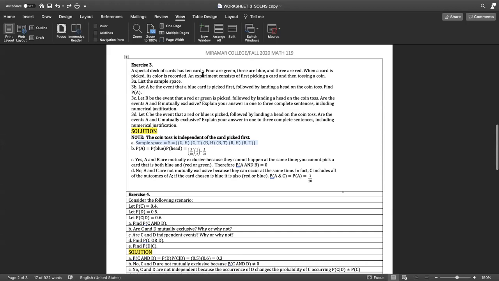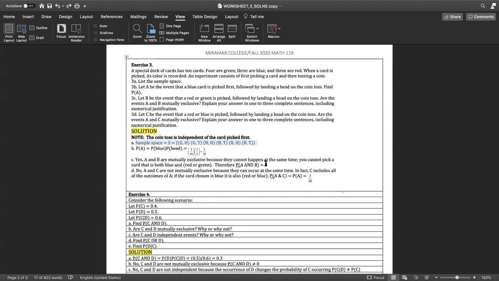Okay, all right. Well, notice that they're mutually exclusive because they don't happen at the same time. You can't pick a card that is blue and at the same time is red or green, okay? So the probability that you get a blue card and either a red or a green card is 0.